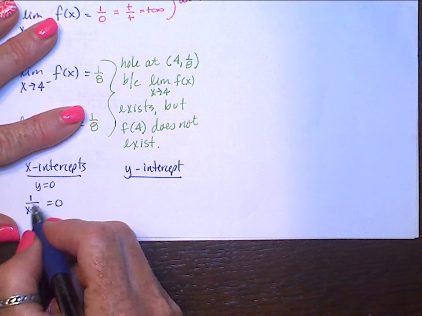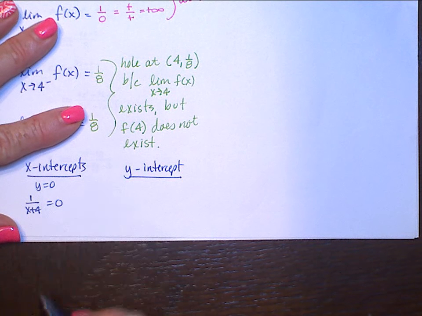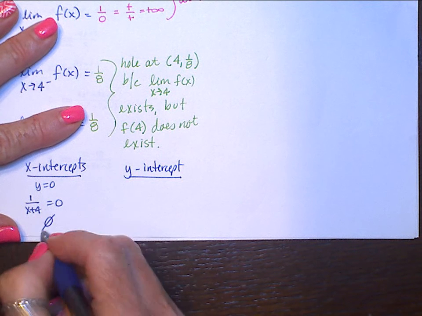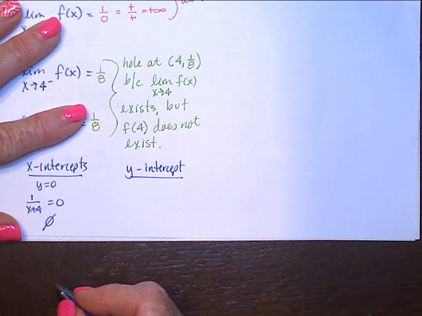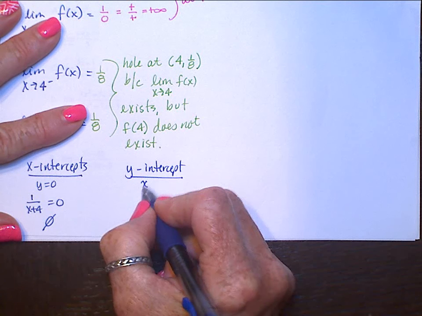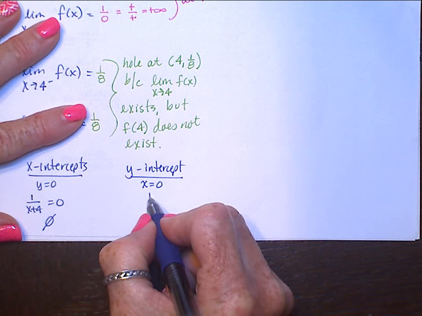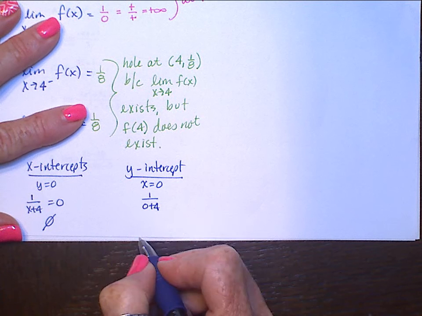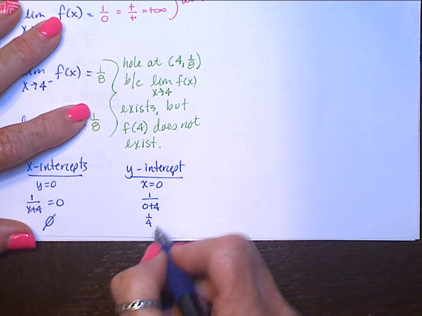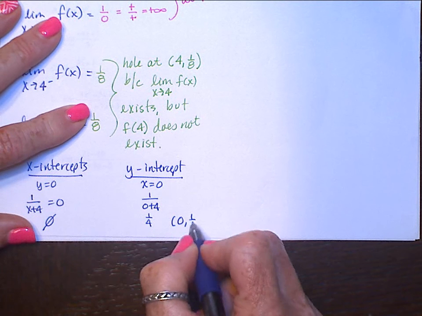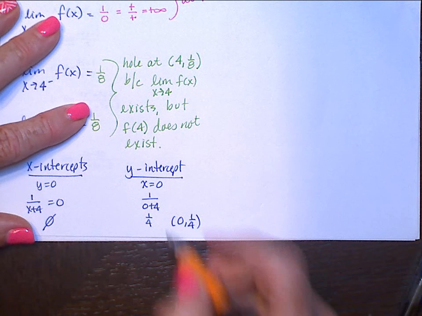The only way a fraction can equal 0 is if the numerator is equal to 0. This can't happen. There are no x-intercepts. This graph will not cross the x-axis. The y-intercept happens when x is 0, and if you plug in x is 0, we'll get 1/4. That tells us that we have a y-intercept at 0, 1/4. That's an important piece of information.